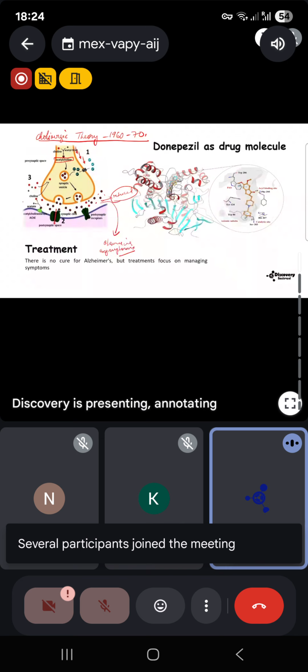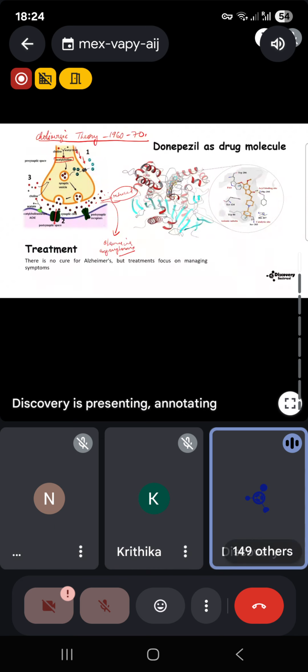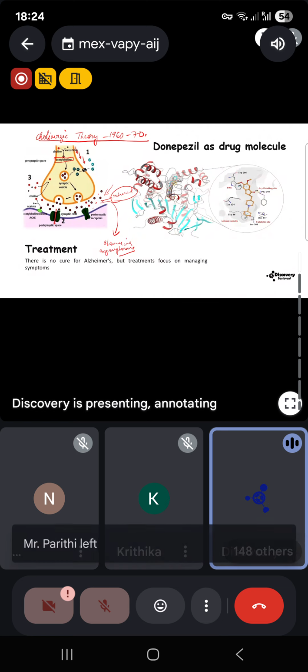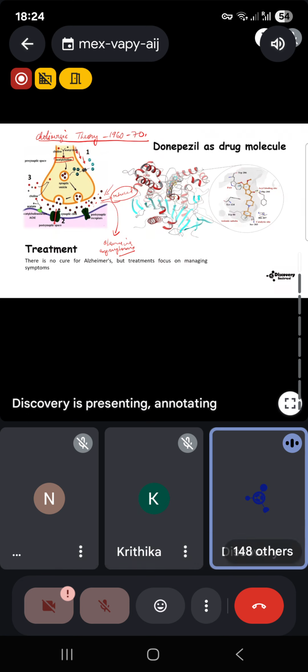But now we know that it is not because of this one parameter or one condition. There are many conditions, but at that time the theory was that because of this reduced level of neurotransmitter in the synaptic cleft, you are able to observe those symptoms.